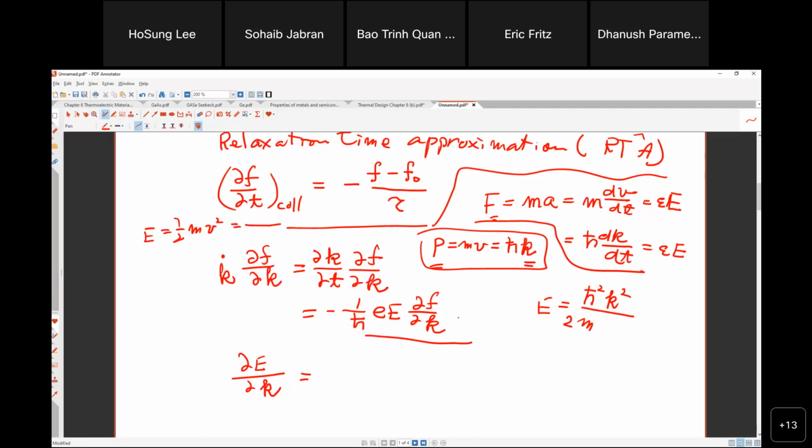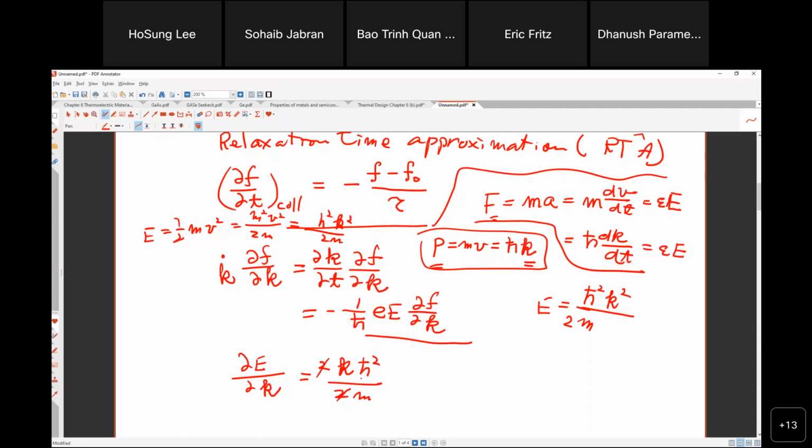So 2m, m squared v squared. So this is momentum, h squared k squared over 2m. So dE/dk is the derivative, 2k h squared over 2m. So energy with respect to wave number, we have some expression.